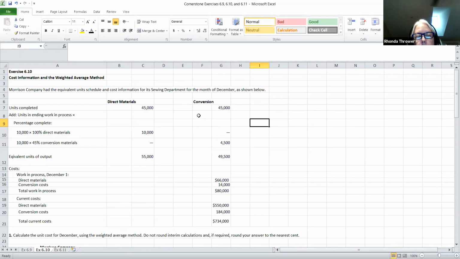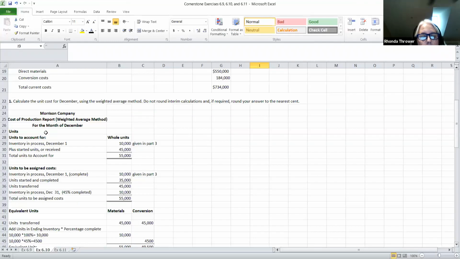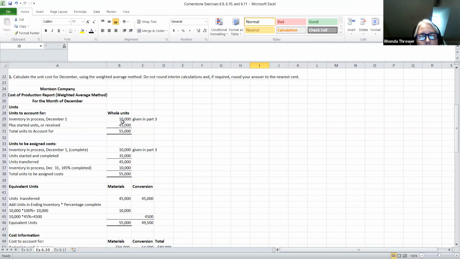Notice that they started with the units that were completed. So the only thing you know is your units completed and your ending inventory units. So the units completed were 45,000. So in other words, when you write all this down, you're not going to have any of the information except units transferred and ending inventory. And that'll give you a starting point here.